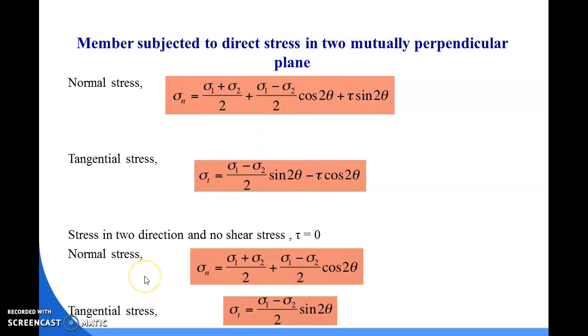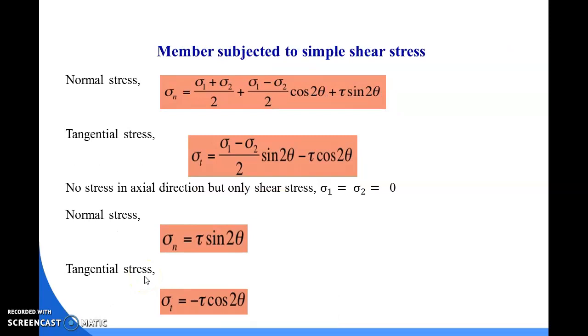Then another criterion is a member subjected to simple shear stress. That means only shear stress is applied on the body and no mutually perpendicular stresses are there, so sigma 1 and sigma 2 are 0.